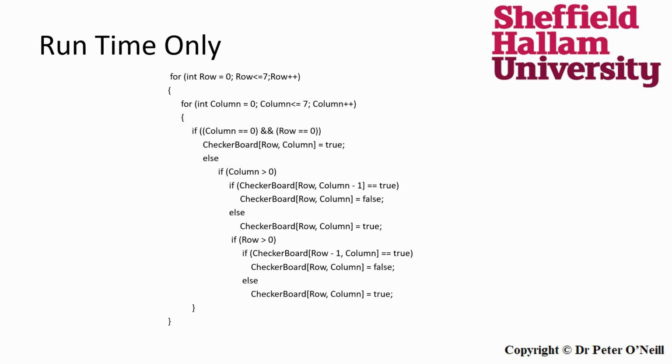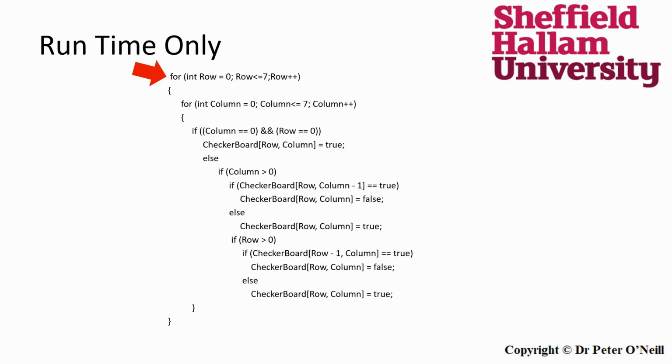So here's our example of our deterministic loop, because we know how many there are going to be. For int row equals 0, row less than or equal to 7, row plus plus. So there are going to be 8 rows, starting at 0 and working to number 7.